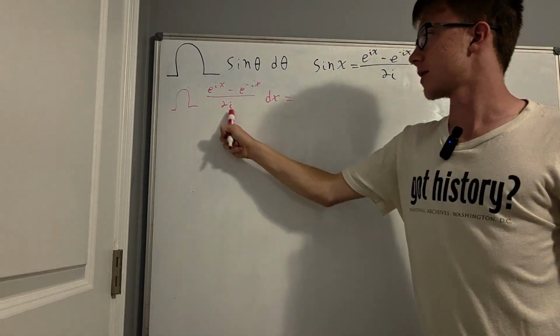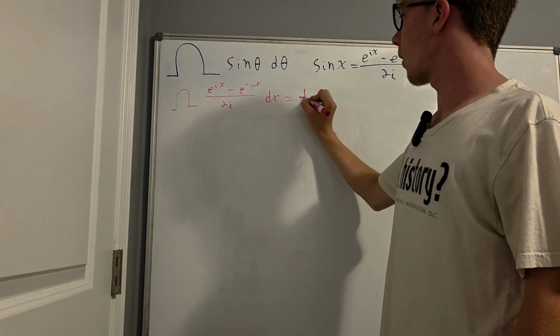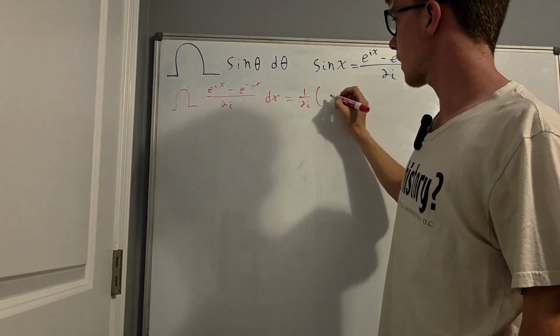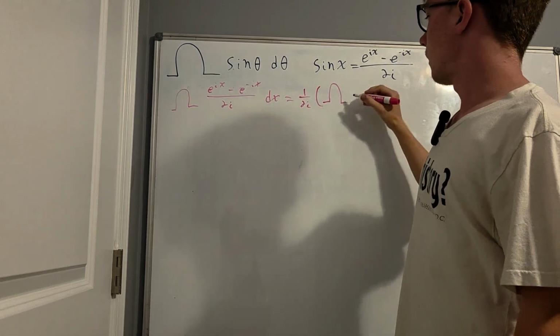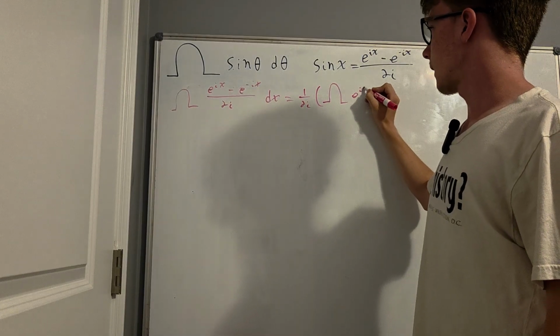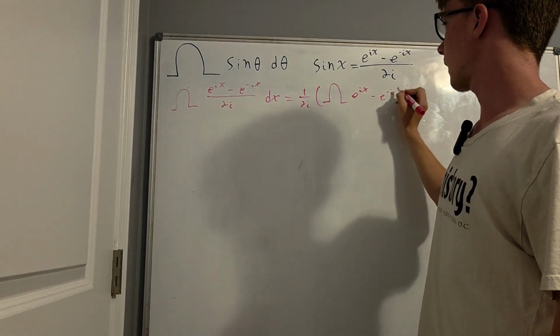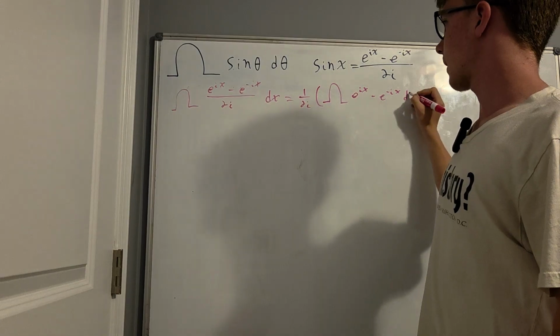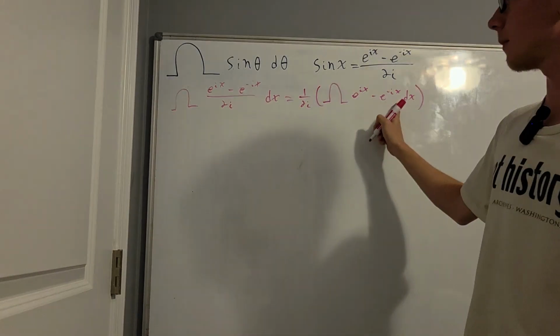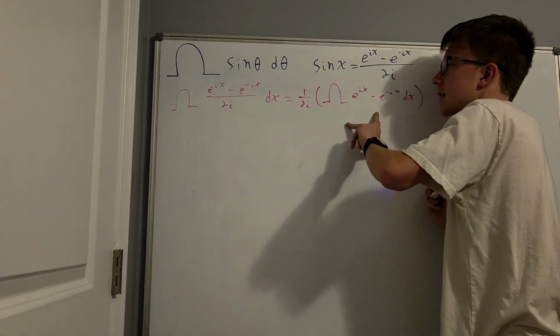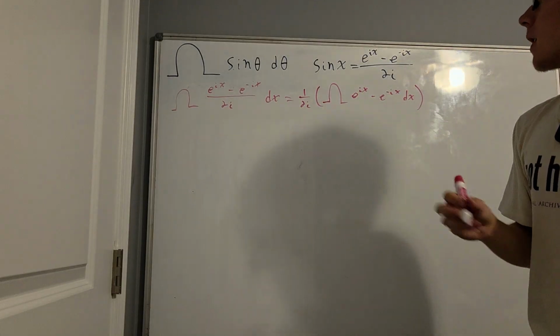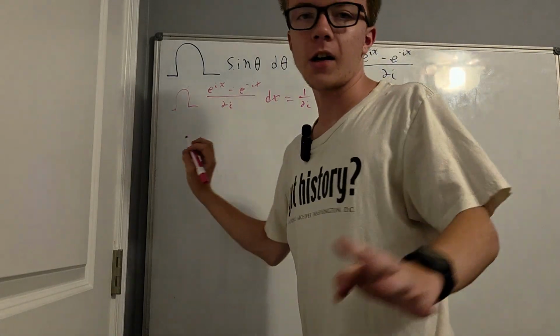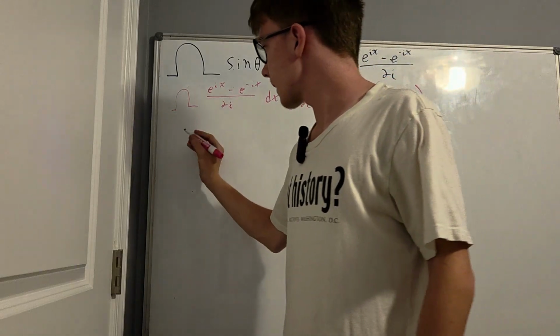I'm going to take out this constant down here at the bottom, 1 over 2i, times the nth derivative of e to the ix minus e to the negative ix with respect to x. This I can take down further.